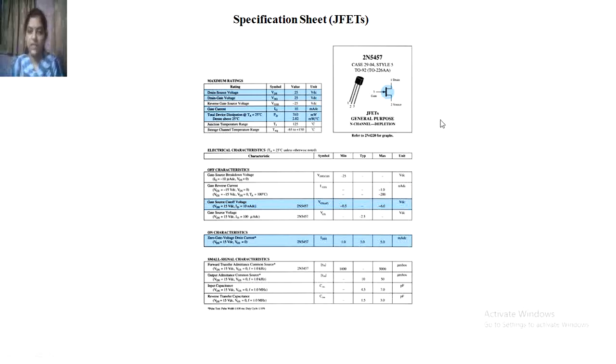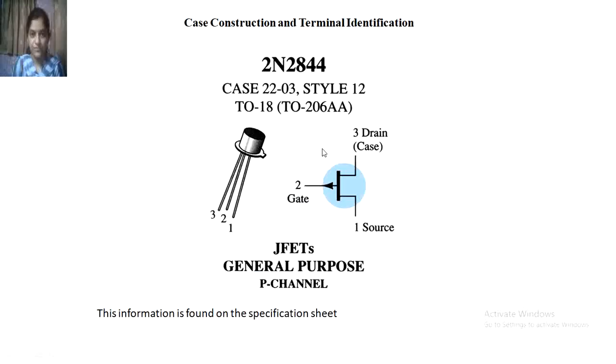This is the data sheet for the general purpose N channel depletion JFET. Here the case construction is TO-18. According to the notch side, 1, 2, and 3: 1 is the source, 2 is the gate, and 3 is the drain.